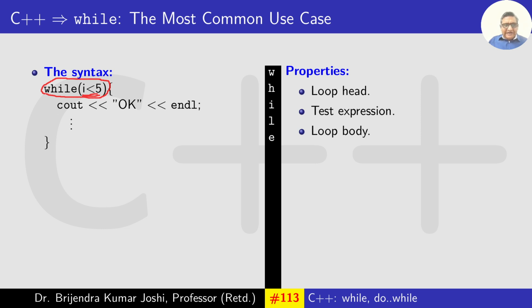If it is true, it will enter the body of the loop and start executing those statements. Then the body ends here. Wherever you want, you can make a pair of braces scope. And here it comes back. So if i is being incremented or decremented, it will keep on executing the body of the loop until this becomes false. So the loop head is this, as I told you, this is the test expression within the parentheses, and this is the loop body.